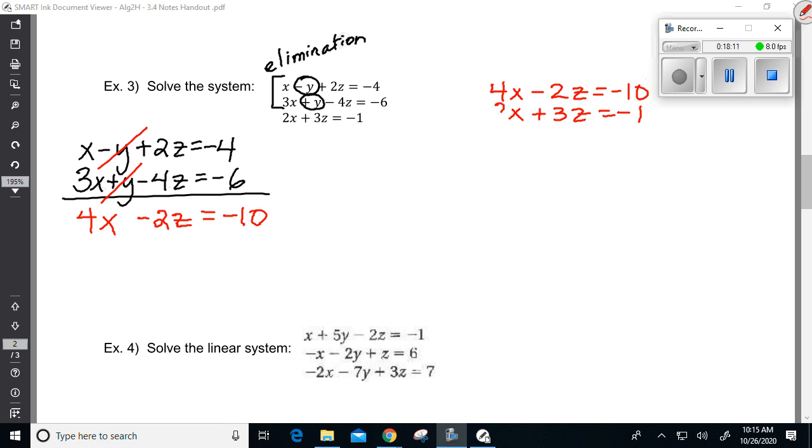Is that 4z? Oh, wait, I guess it's not. I just took the bottom equation and just moved it over because we didn't touch it. I see what you were saying though, so you're fine.